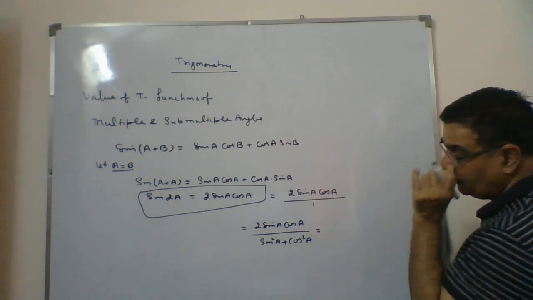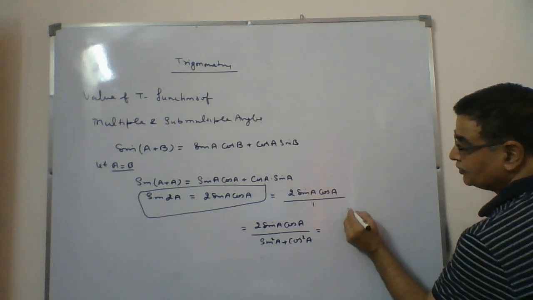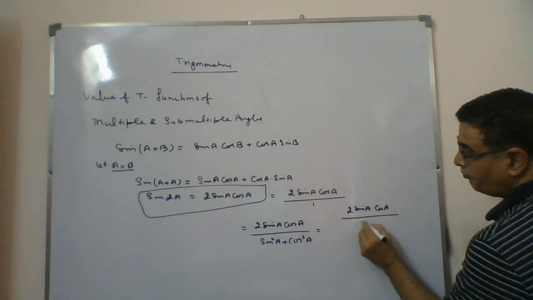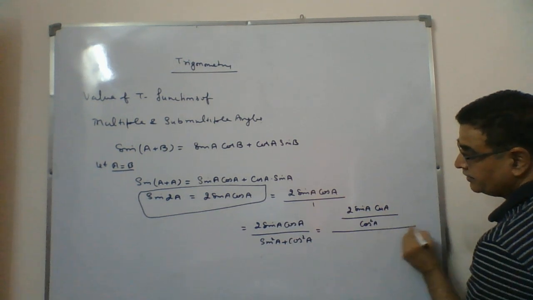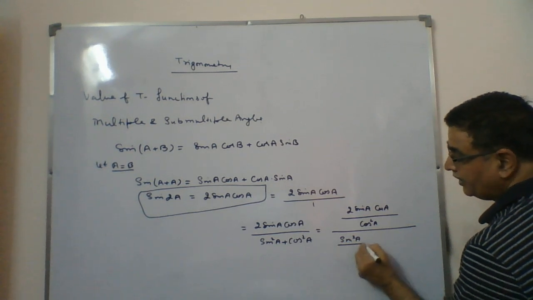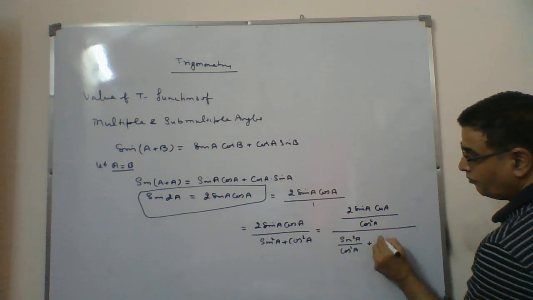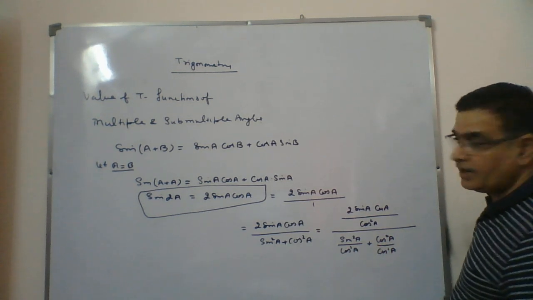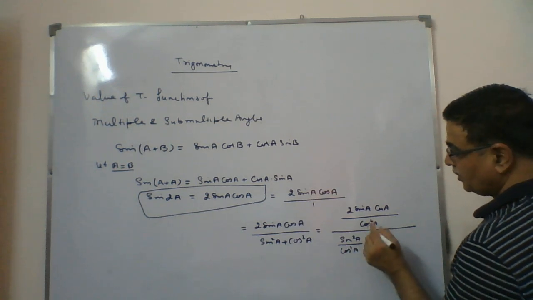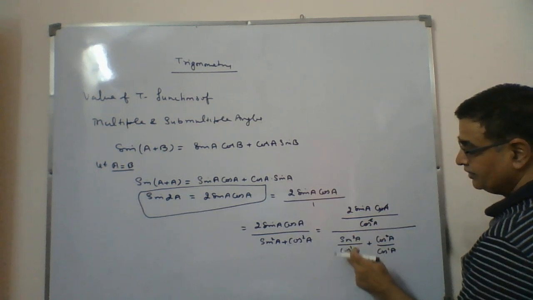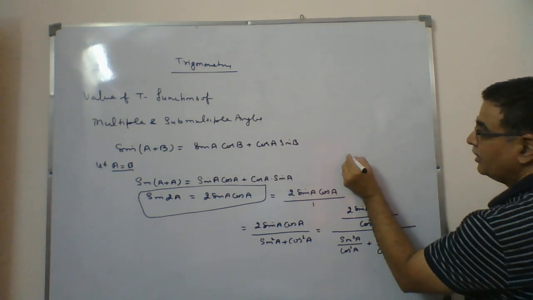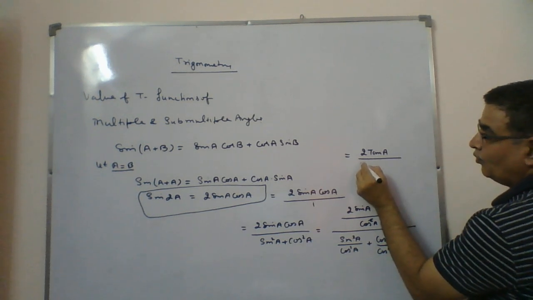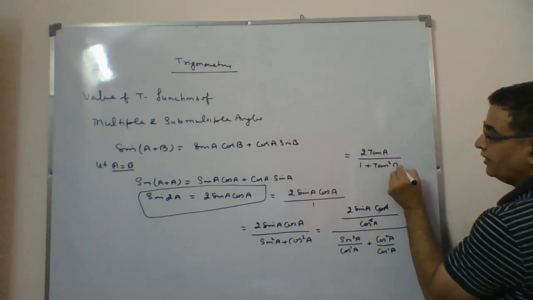So when you want to convert this to tan, we should divide every term by cos square A. So I write down sine A cos A by cos square A, this will come out to be sine square A by cos square A plus cos square A by cos square A. Now when you solve it, cos gets cancelled out. This will be tan square A, this will be 1. So the formula comes out to be 2 tan A by 1 plus tan square A.